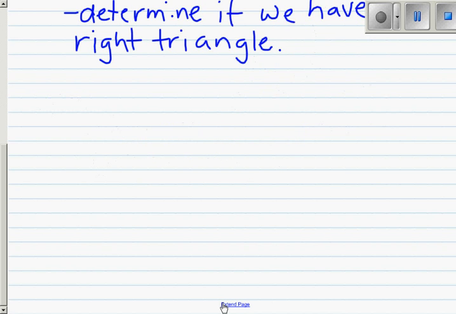But if we're going to determine whether or not we have a right triangle, we can do an example. And that example would be if we have the side lengths 5, 12, and 13.